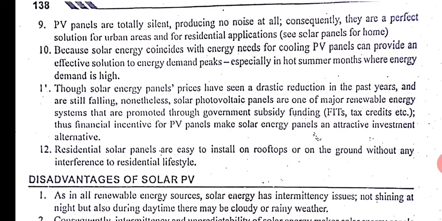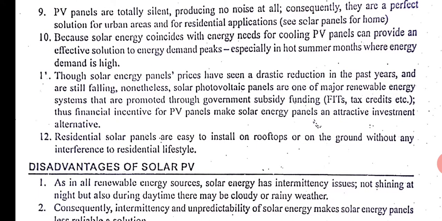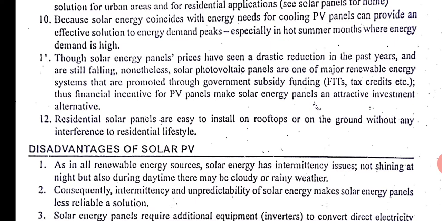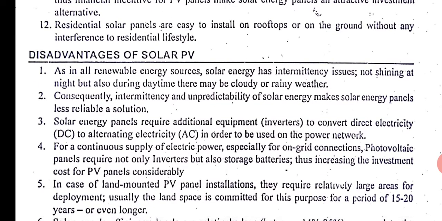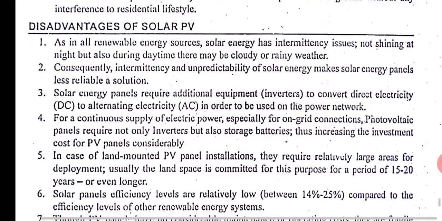Wherever, like India, you have a lot of solar insolation, we can definitely go for solar PV. It can be easily installed on rooftops or even on grounds without any interference to the residential lifestyle.